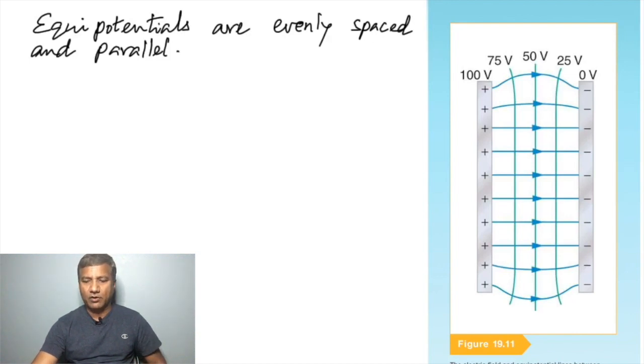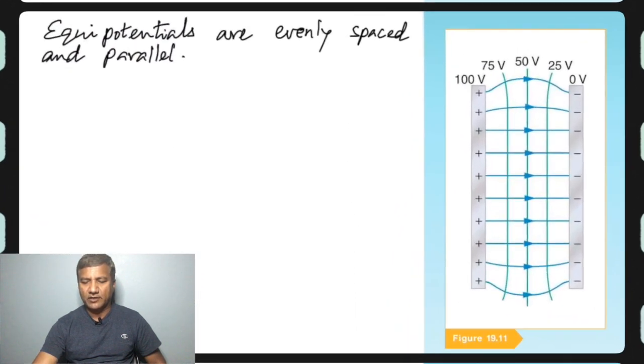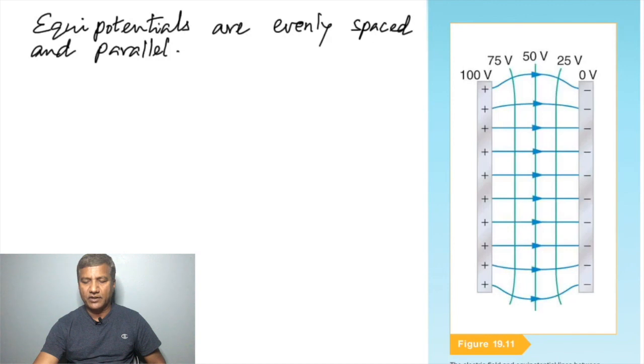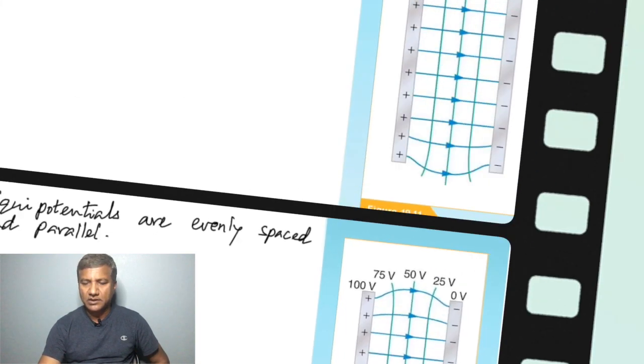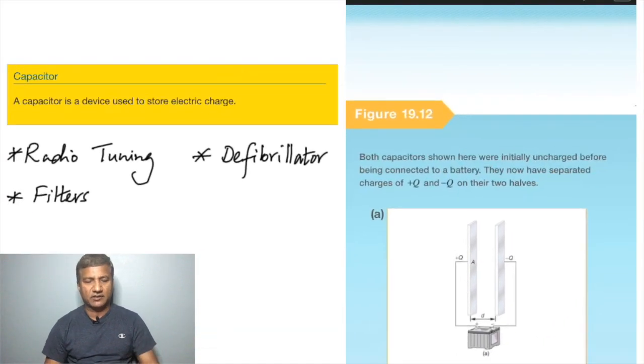And if we draw equipotential surfaces at 25, 50, 75, and of course 100 volt, you see that the spacing between the lines is equal. And also note that these equipotential surfaces are at right angles to the electric field, as explained on the previous slide.